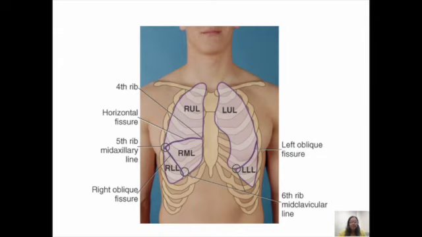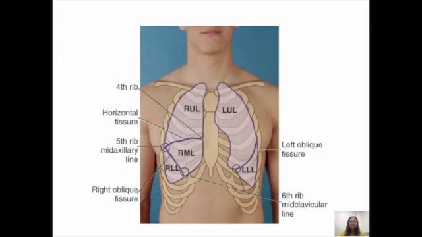Also note that the left oblique fissure lies differently than the right oblique fissure because of that right middle lobe, which you can appreciate at the fifth rib mid-axillary line, between the fourth and sixth ribs if you are standing anterior to the patient.